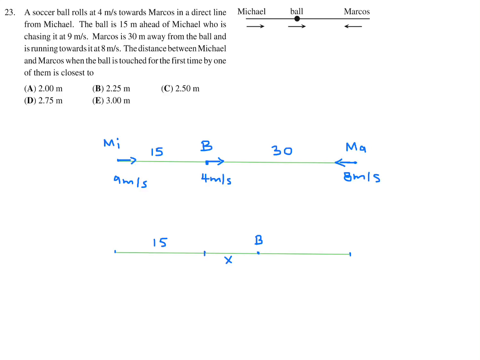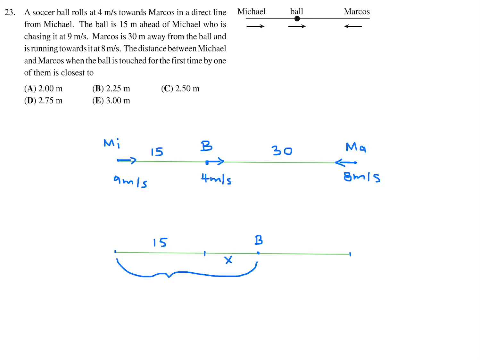And in a very similar way, Michael travels a certain distance, but we don't know where Michael ends up, right? That's the challenging part of this question. He's going to be somewhere in this region. He might get to the ball and therefore be the first one to touch the ball, or he may not be the first one to touch the ball. He might get to here.